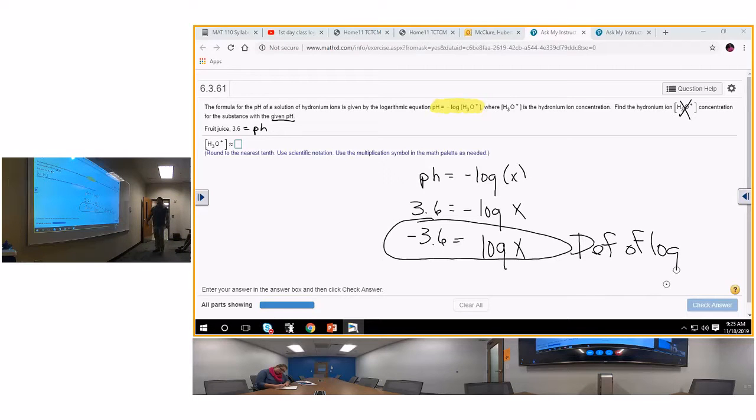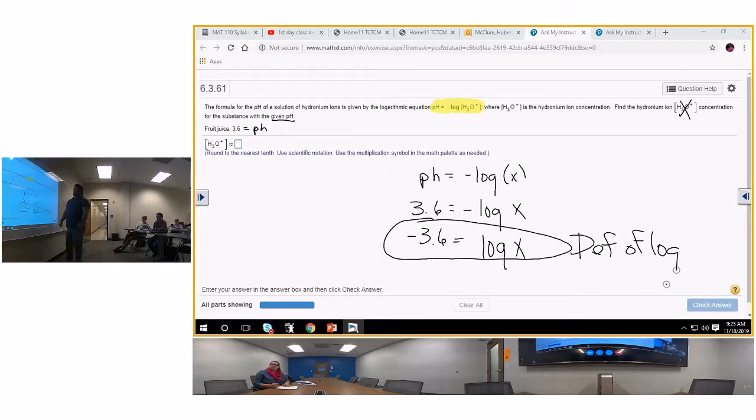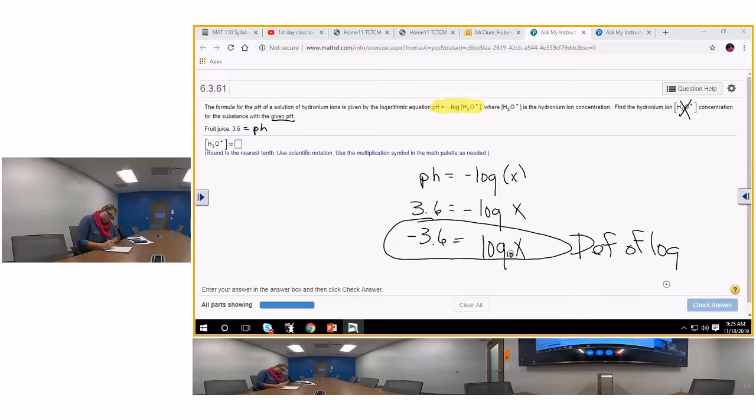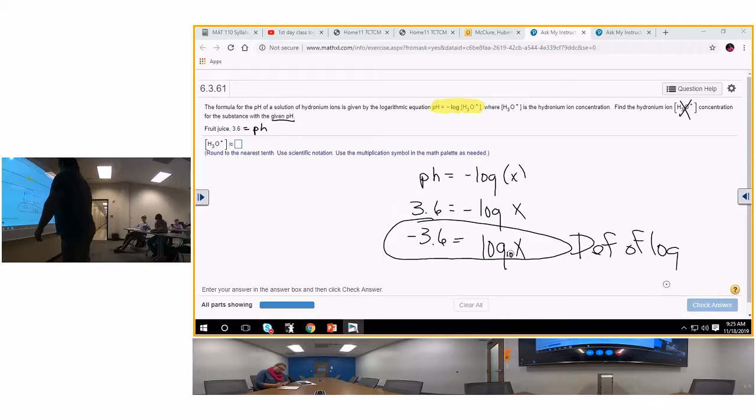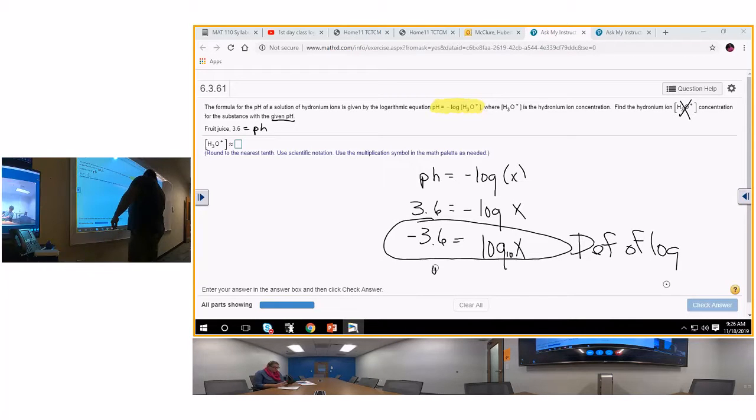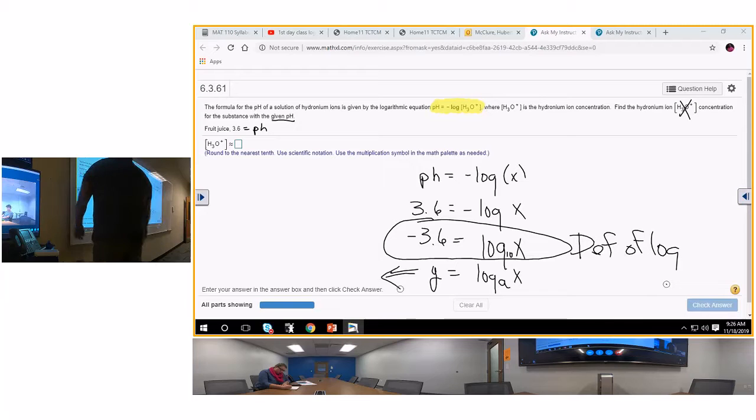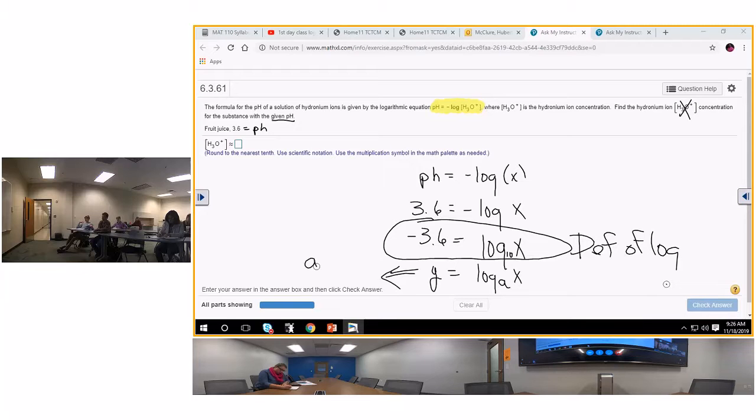And what is the base on this if nothing's there? Good job. y is equal to log base a of x. What does that yield? y equals x. Good job.